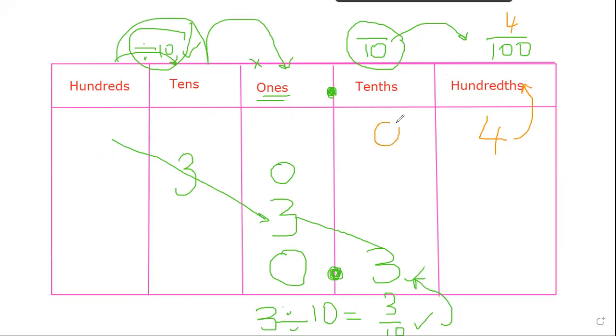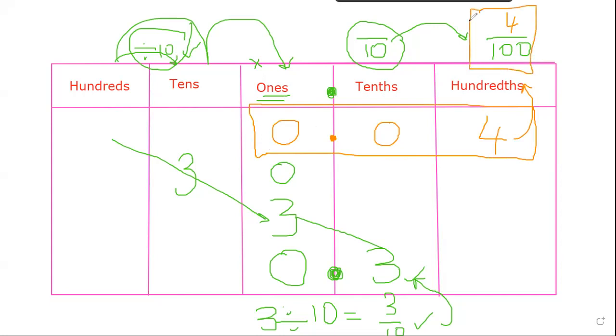That's when I must use the 0, and you go all the way to the ones house and put the 0, and don't forget the decimal dot that separates these houses. Now, you can read this number as 0.04, which literally means 4 over 100.